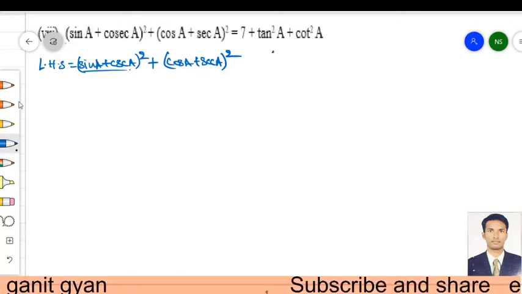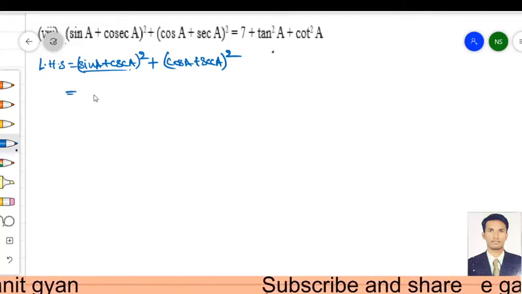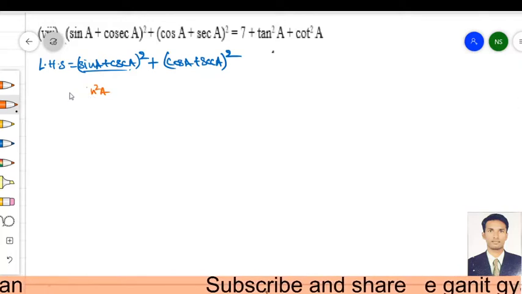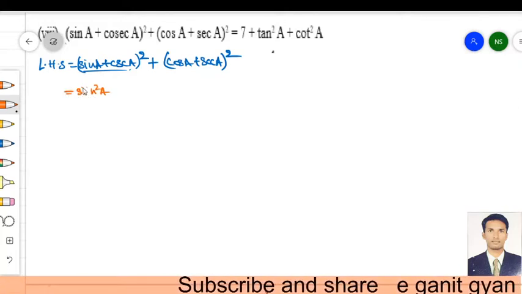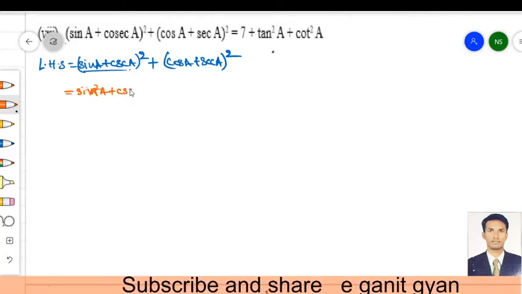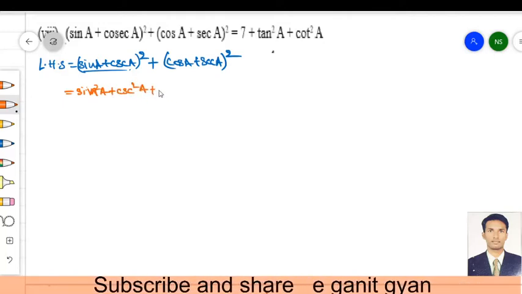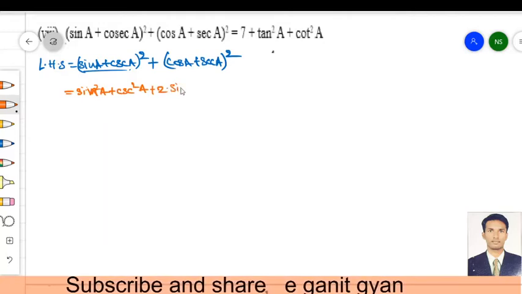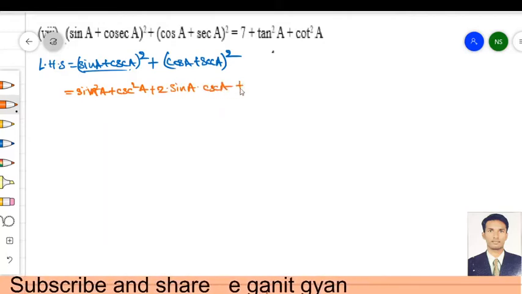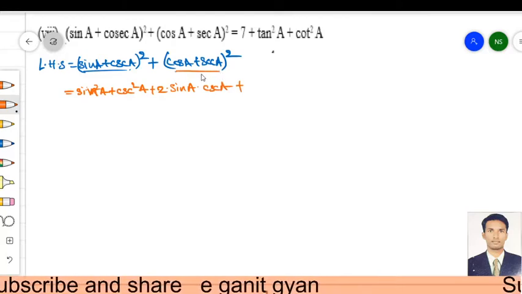Then I will get sin square a plus cosecant square a plus 2 into sin a into cosecant a. For this one also apply (a plus b) whole square.